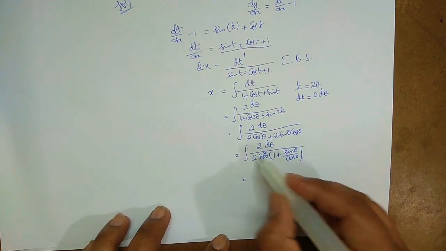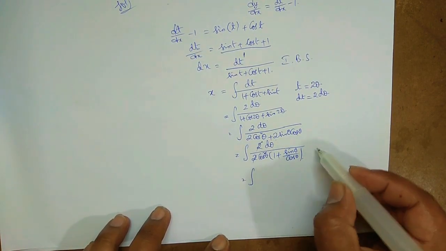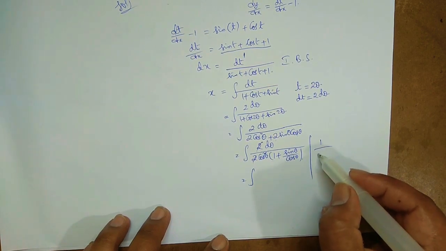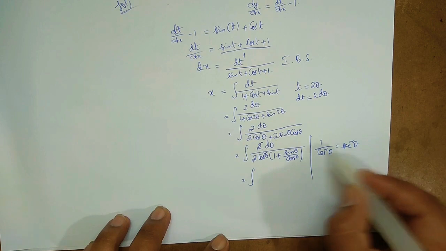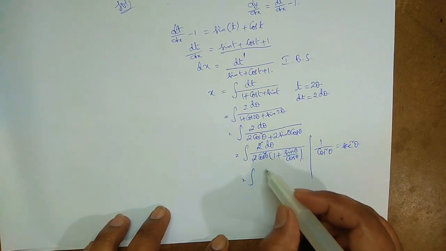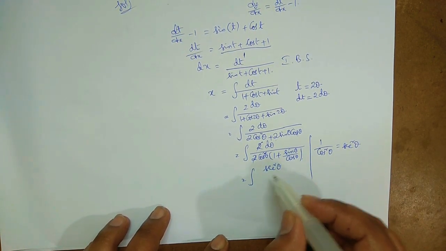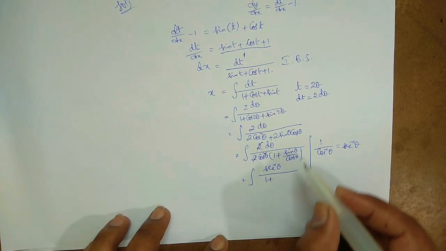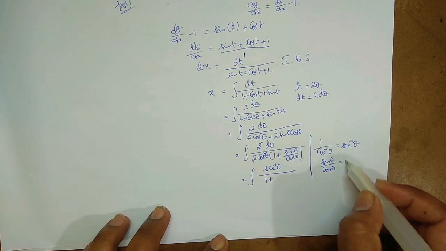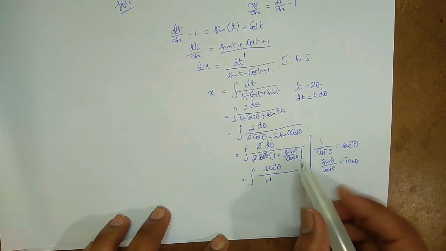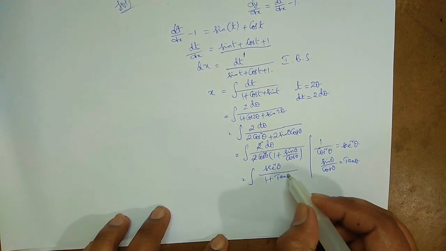Okay, so here 2 gets cancelled, 1 by cos square theta is equal to secant square theta. This we already know. 1 by cos square is secant square theta divided by 1 plus sin by cos, which is sin theta by cos theta, equal to tan theta. Okay, so this is tan theta.